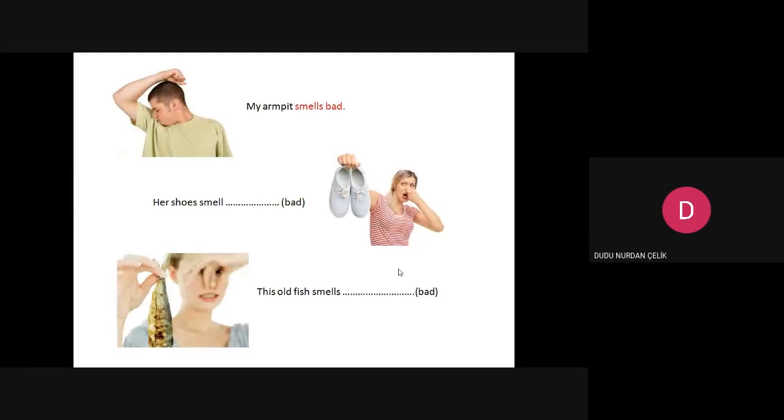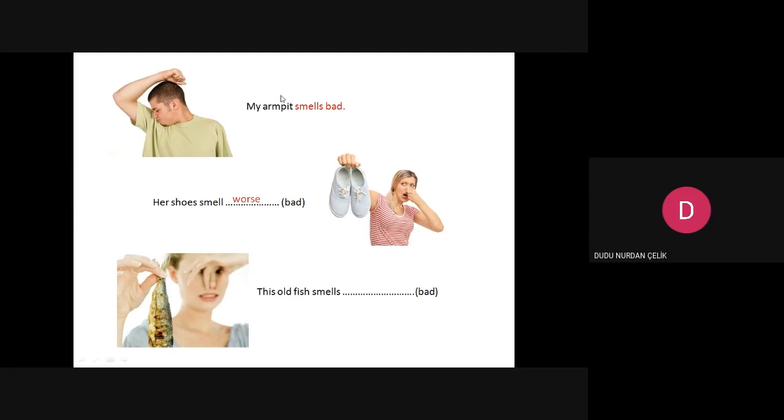Oh, that smells. Okay, let's make sentences by using these pictures. My armpit smells bad. Bad is our adjective. Her shoes smell. Compare armpit and shoes. We make a comparative of two things and say worse.